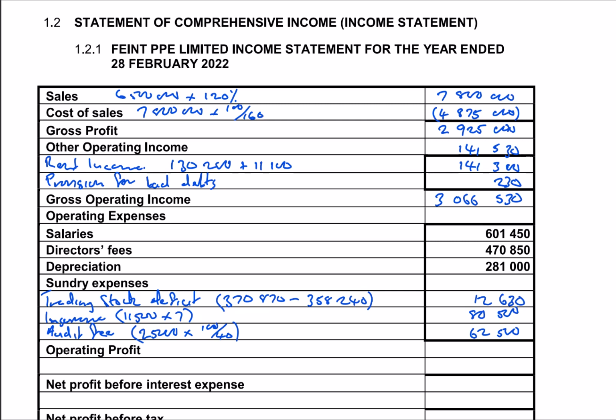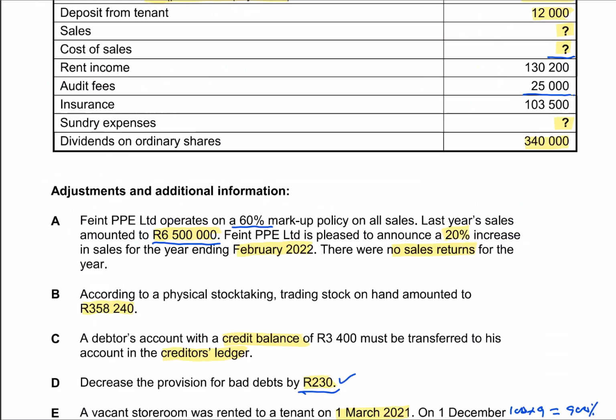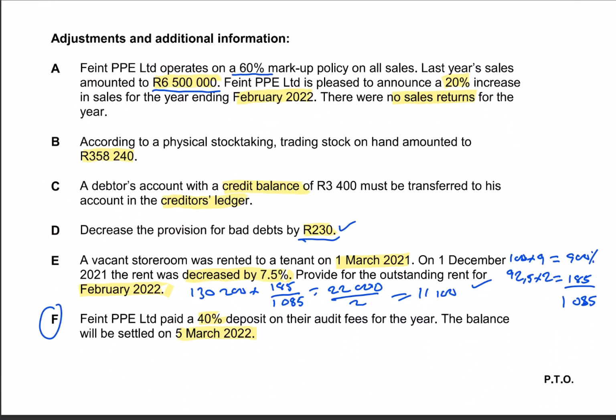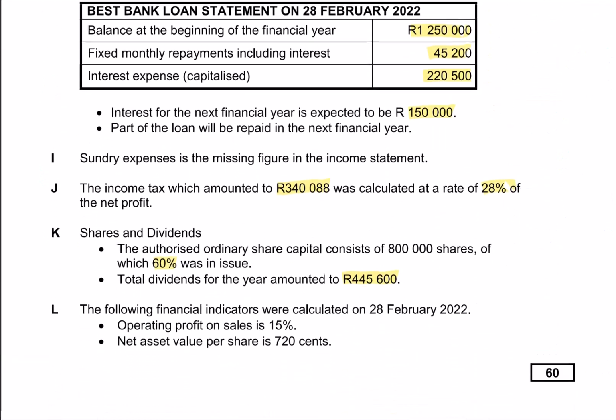Right, standard expenses will calculate. Right, then we go. Right, we're given the operating profit for this particular last part on financial indicators.